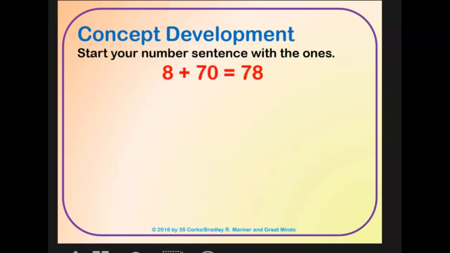So this is what that would look like. What are some different ways that you could say 78? Go ahead and tell mom, dad, grandma, grandpa, brother, sister, whoever's with you, the different ways that you could say 78.